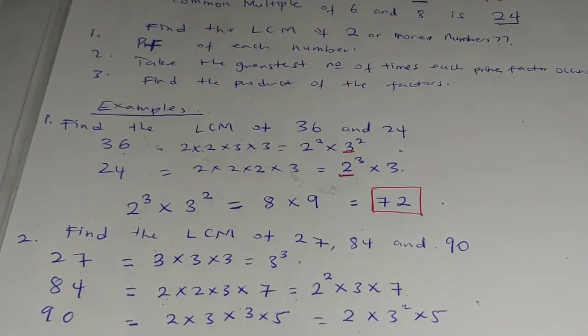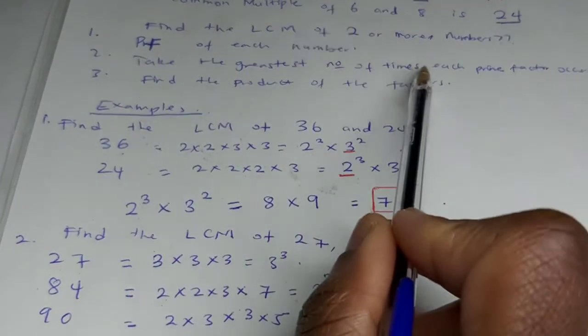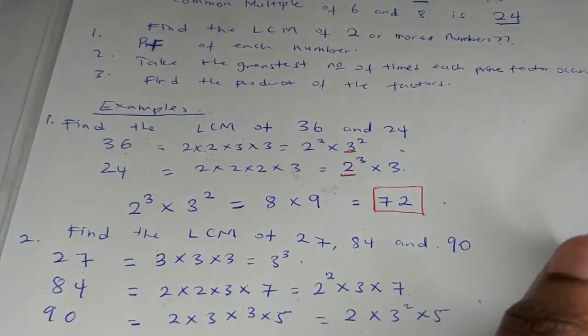Our second step is to take the greatest number of times each prime factor occurs.